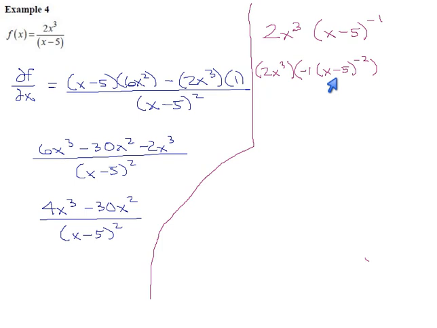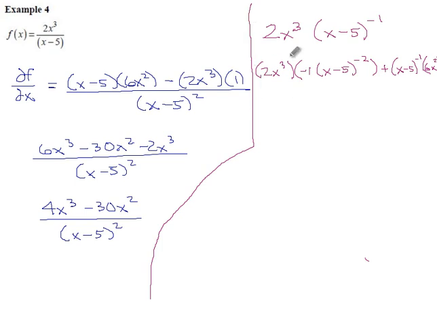First d second plus second, that's x minus 5 to the minus 1, d first, which would be 6x squared. Just barely going to fit that in.